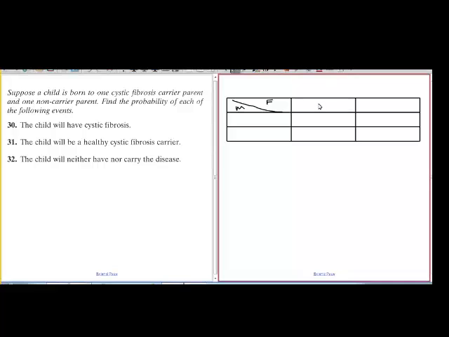And if you're a carrier of the gene, you have a dominant gene and you have a recessive gene. So I'm going to assume the mother has the carrier, and so it says one cystic fibrosis carrier parent and one non-carrier parent.